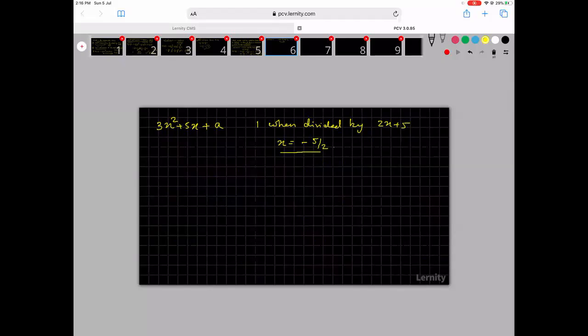We know that p of alpha should give us the remainder. In this case, we are dividing by 2x plus 5, so I have to find out p of minus 5 by 2. That will become 3 into minus 5 by 2 the whole square plus 5 into minus 5 by 2 plus a is equal to 1, because according to the question the remainder should be 1.